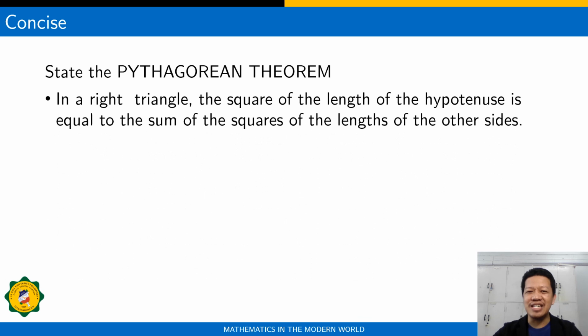In a right triangle, the square of the length of the hypotenuse is equal to the sum of the squares of the lengths of the other sides. So that's actually being concise. It means you have to say things very briefly. It's clear, it's brief and concise.